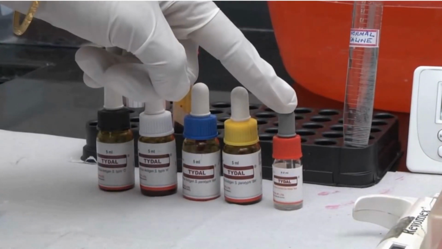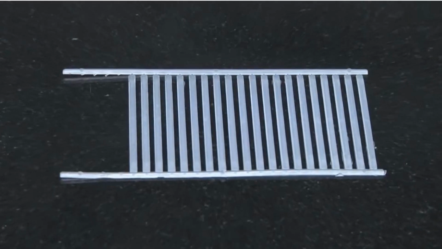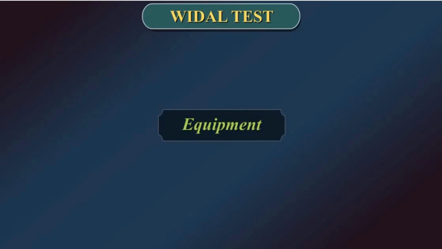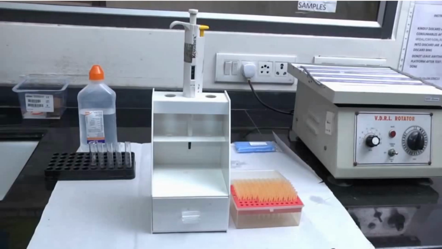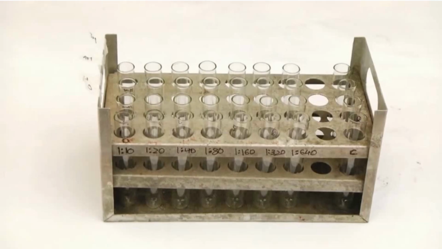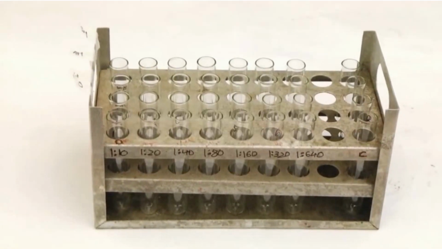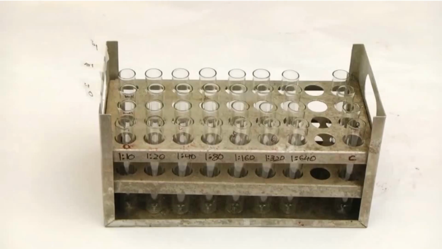Polyspecific positive control: glass slide with 6 reaction circles, applicator sticks. Equipment: incubator, timer, 0.1 milliliters and 1 milliliter serological pipettes and droppers, 36 Vidal tubes or Kahn tubes for each sample. Physiological saline, test tube rack.